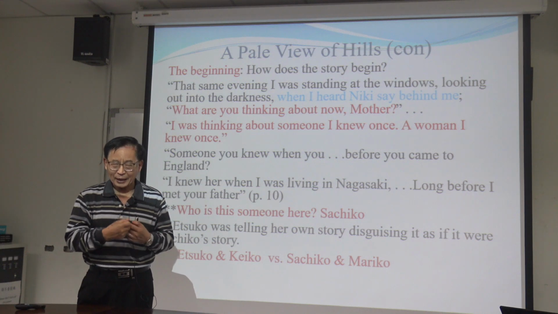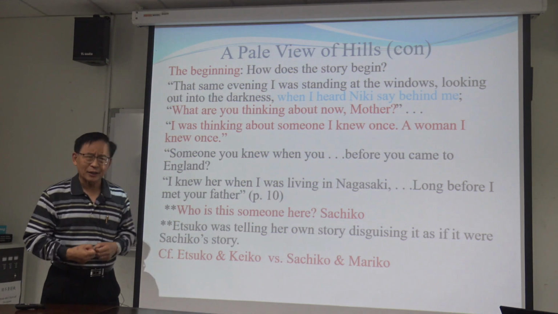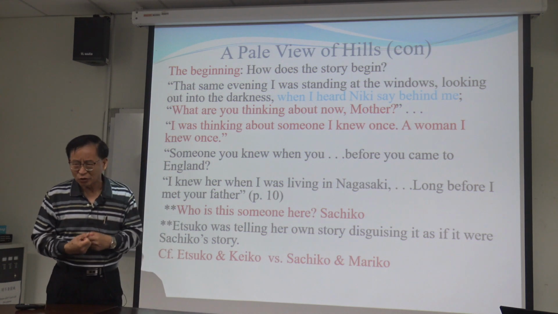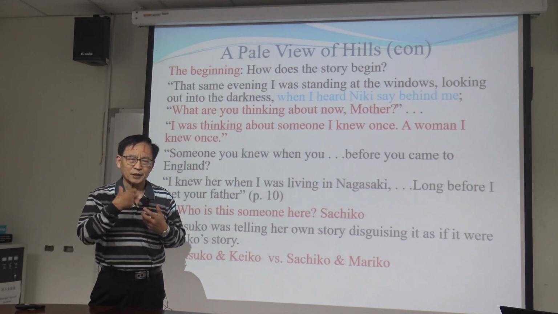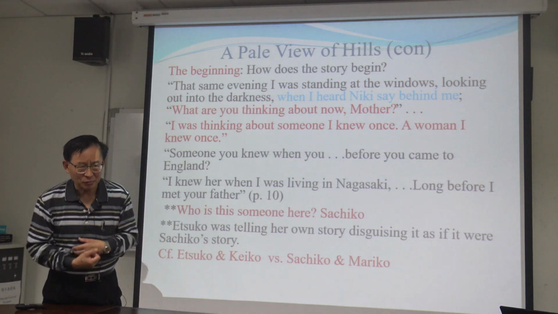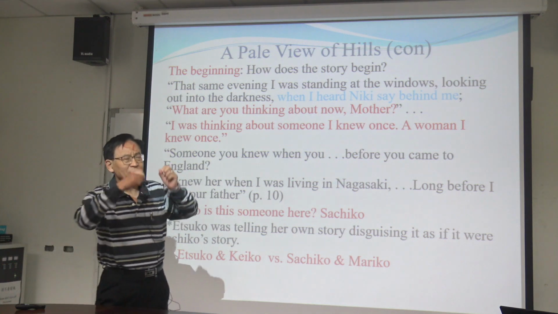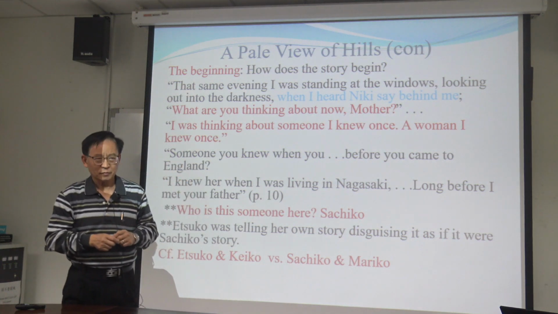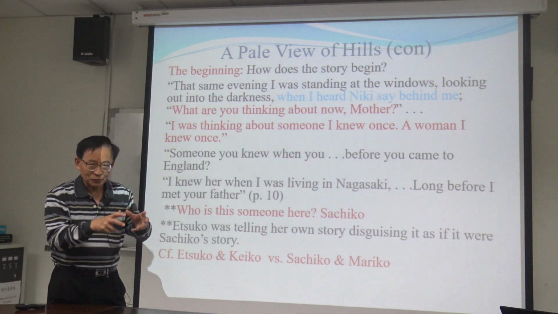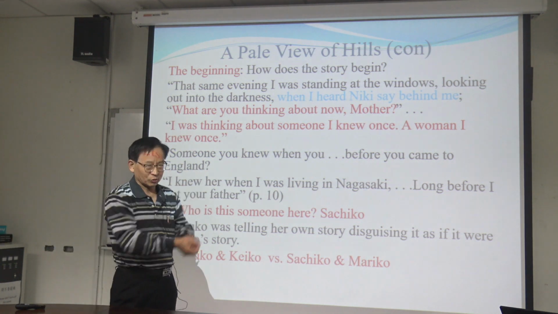And again, another question for you to think about. Why does the author, why does Ishiguro write the novel with a first-person narrator? Why not the author, the writer himself, write about the story? Why does he have to use a character in the novel itself to tell the story?